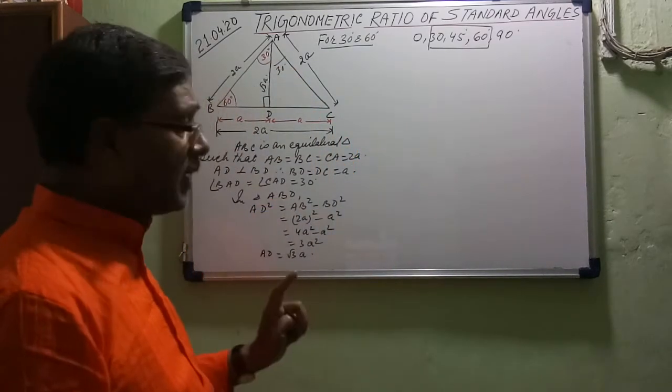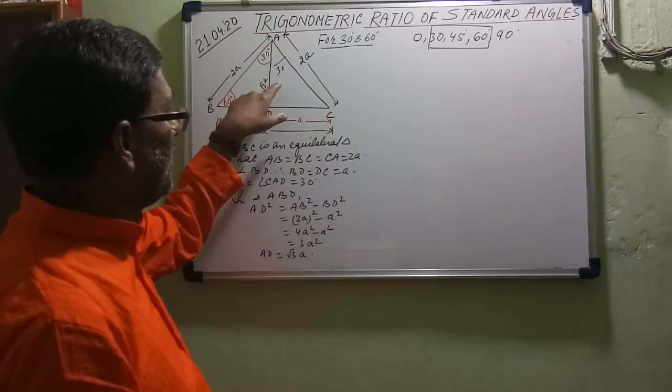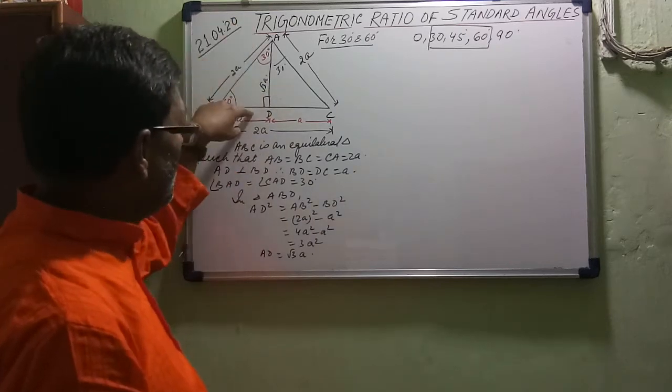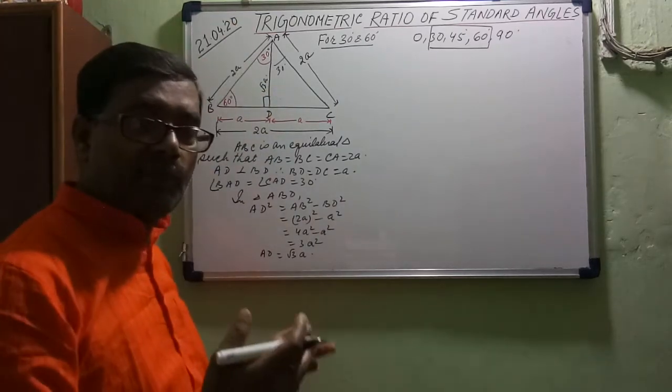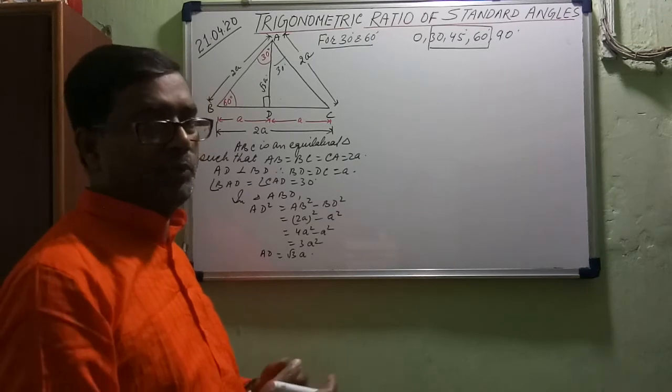Now, you select what you want to find out, 30 degree. So, in the same triangle for 30 degree, what are perpendicular, base and hypotenuse?